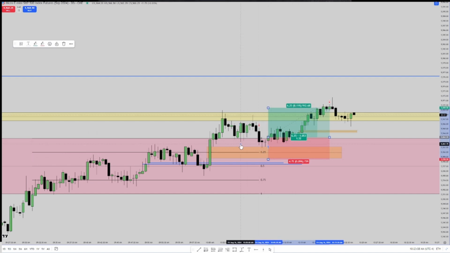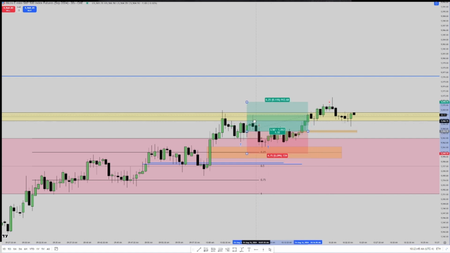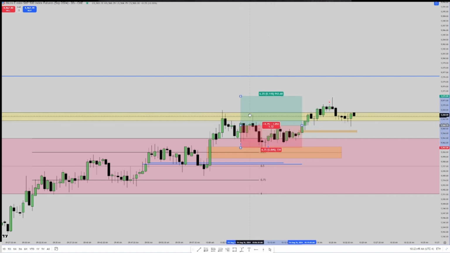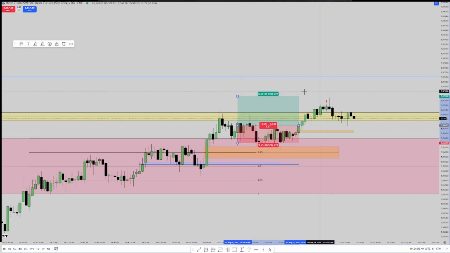On this trade, we got in right here and we got out right here. So that is a loss of, let's see, right there, and then we got out about right there. Yeah, it was about right there.